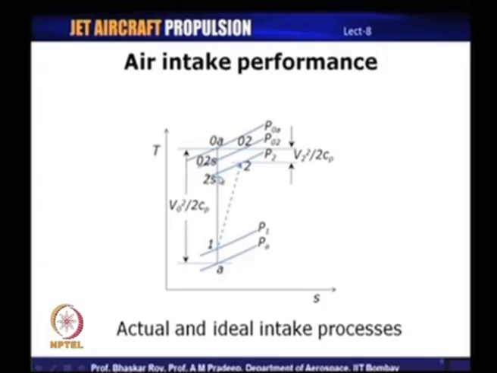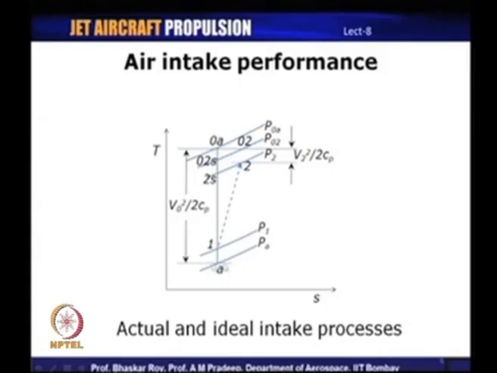Now, what are the corresponding total pressures? The total pressure corresponding to point 2, which is the actual total pressure, will be equal to P 2 plus V 2 square by 2 C p, that is, the static pressure plus the dynamic pressure, half rho V square, which gives us the total pressure, that is P 02. And what should have been the total pressure if there were no losses?